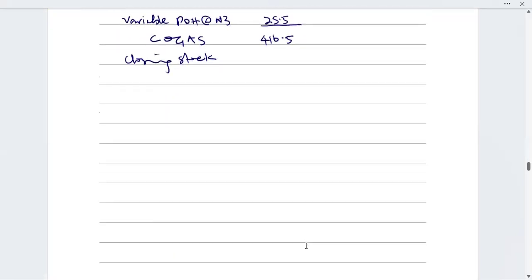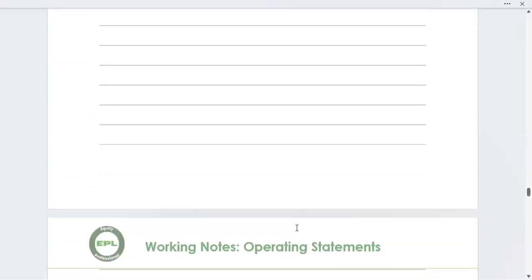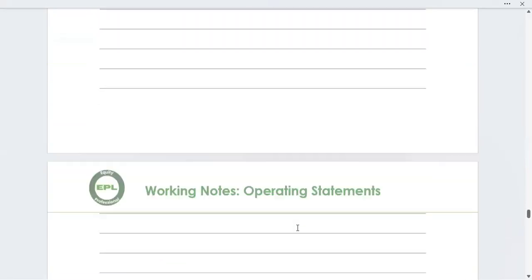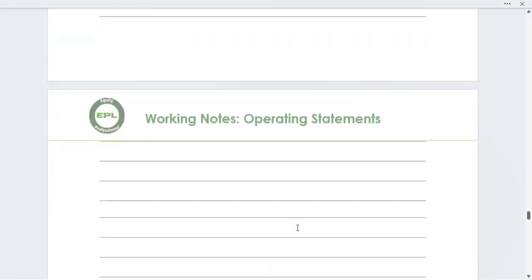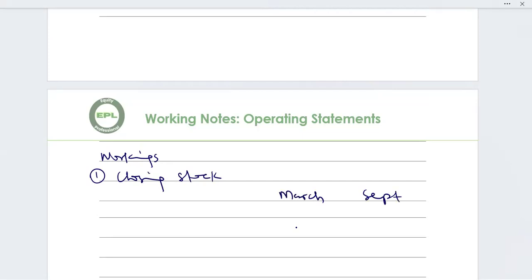So let's do our working. Marginal will be here, absorption will be here, reconciliation statement will be here, then our working will follow. Working number 1, closing stock. March, then September. Opening stock.